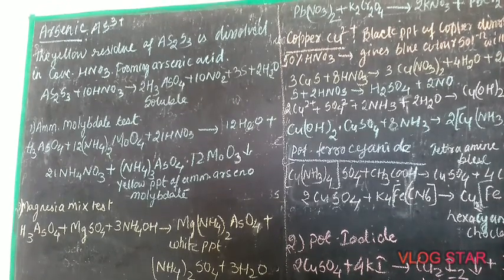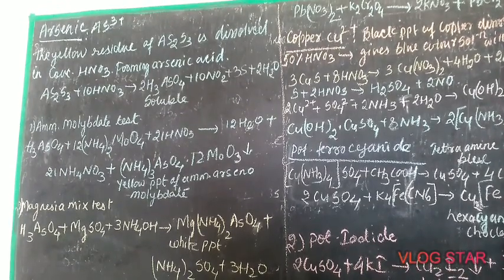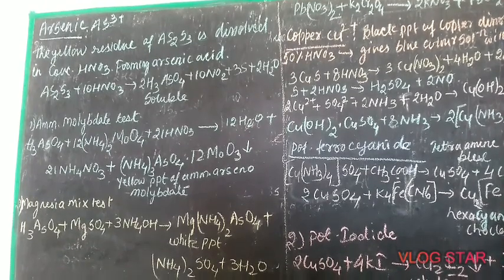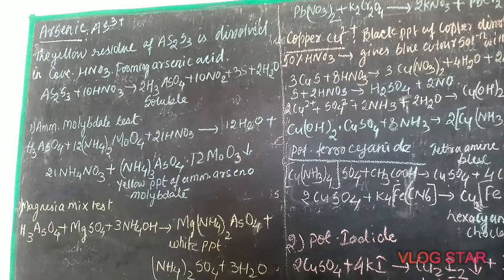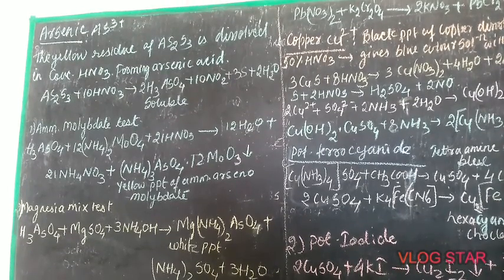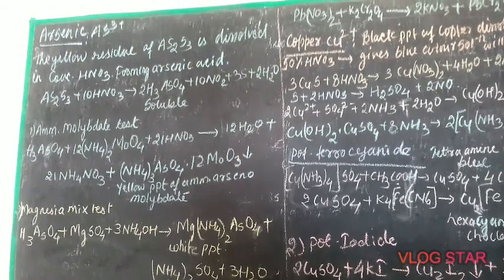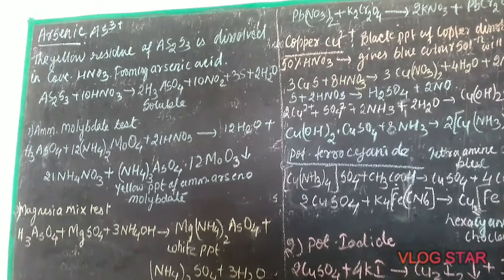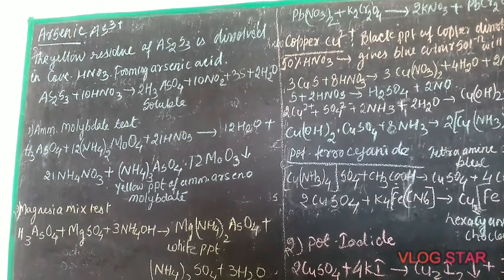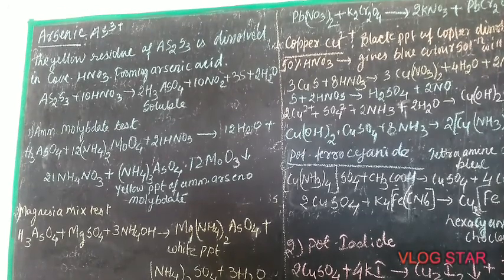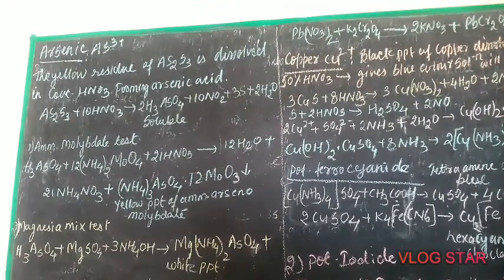Children, this is yellow precipitate of ammonium arsenomolybdate. Then next is magnesia mixture test. H3AsO4, this is arsenic acid, + MgSO4 + 3NH4OH gives MgNH4AsO4. This is white PPT + (NH4)2SO4 + 3H2O.